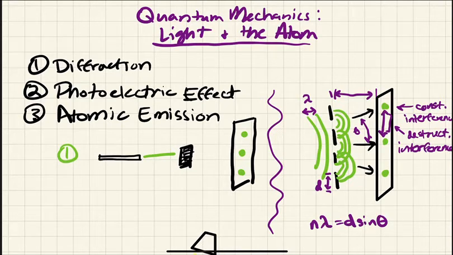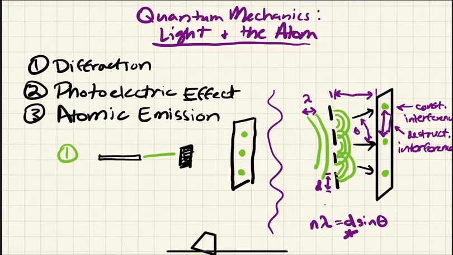So we'll use some trigonometry based on the distance between the diffraction grating and the board, and the distance between the spots, to determine theta, and we'll be able to calculate a value for d. That will be our unknown, because we do know the wavelength that we're shining based on which color laser pointer we're using.